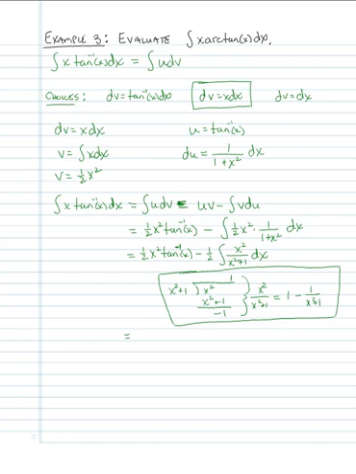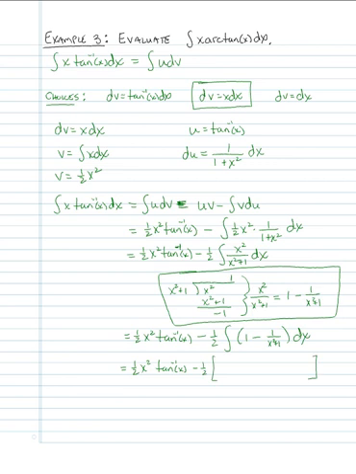So what we've got now is 1/2 x squared inverse tangent of x minus 1/2. Now we're replacing x squared over x squared plus 1 with the divided result, which is 1 minus 1 over x squared plus 1. To complete this, we just need to be able to complete that integral. Of course, we're going to make that two integrals.